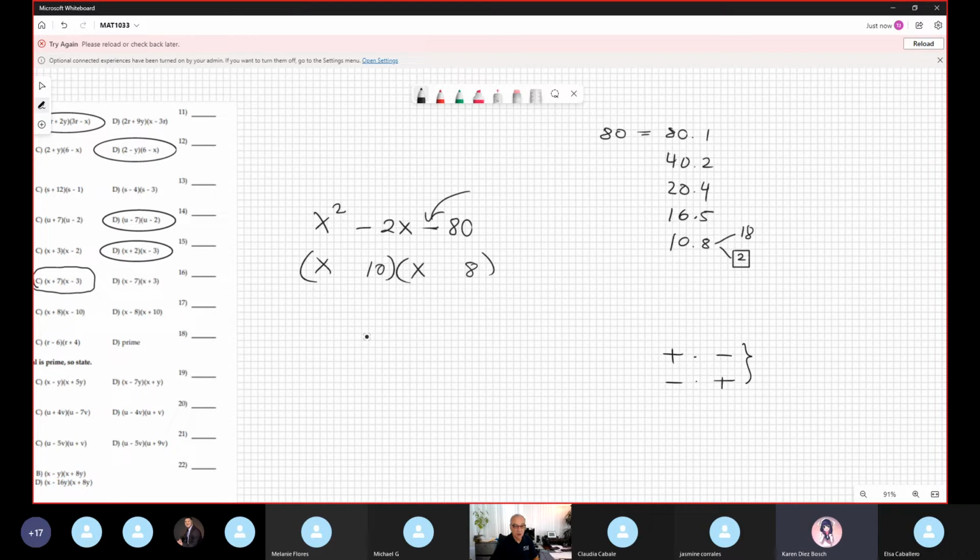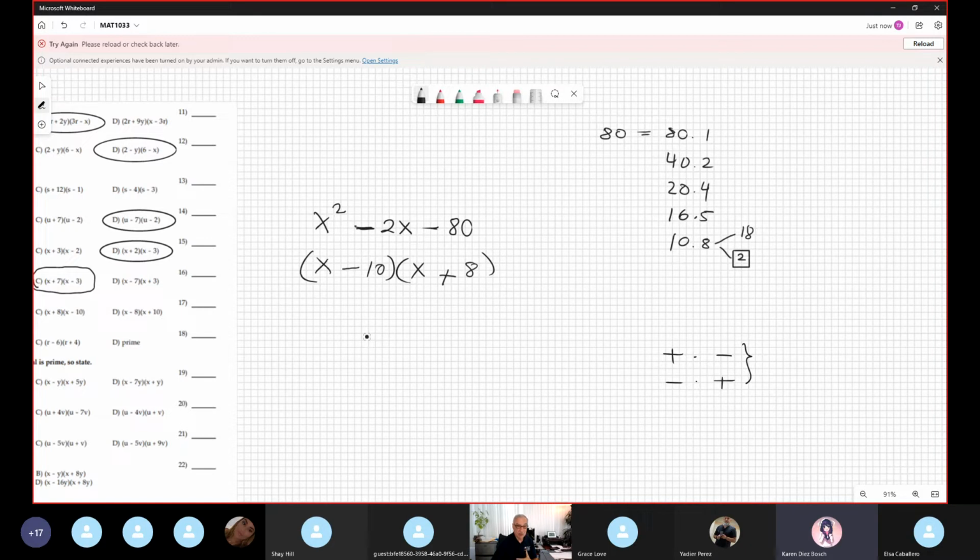However, looking at the first sign, it is minus again. In that case, entonces who is positive, who is negative? Ten is negative and 8 is positive. This is the answer. 10 is negative and 8 is positive. Now I feel comfortable.